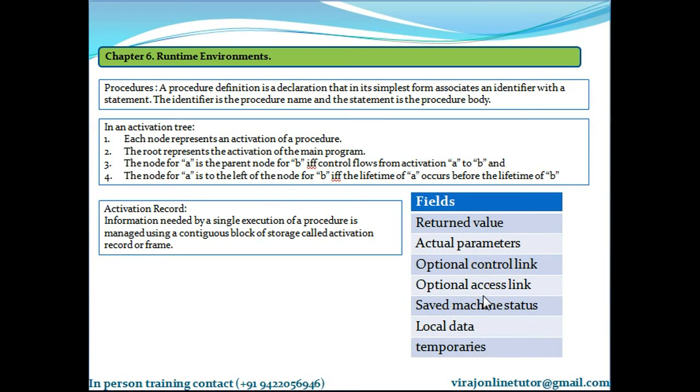Then there is an optional access link, which refers to non-local data held in other activation records. Then there is an optional control link, which points to the activation record of the caller.